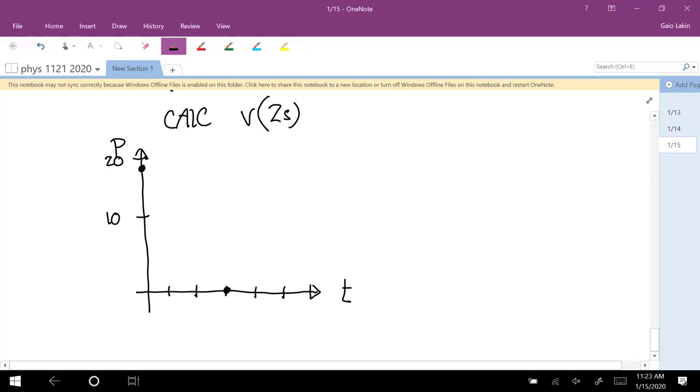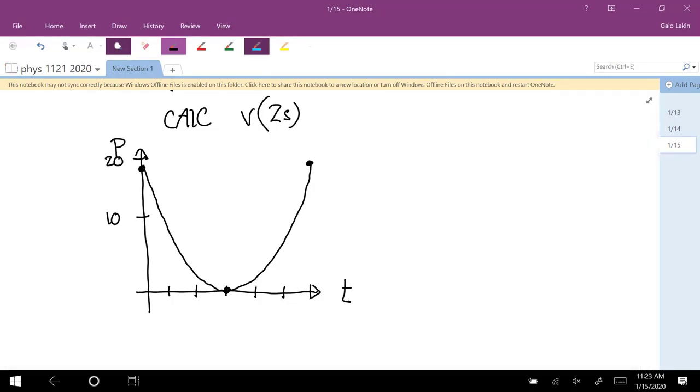At time equals 6, what's the position going to be? Also 18. And it's a parabola, so it's going to look something like this. These times are 0, 1 second, 2, 3, 4, 5, 6.